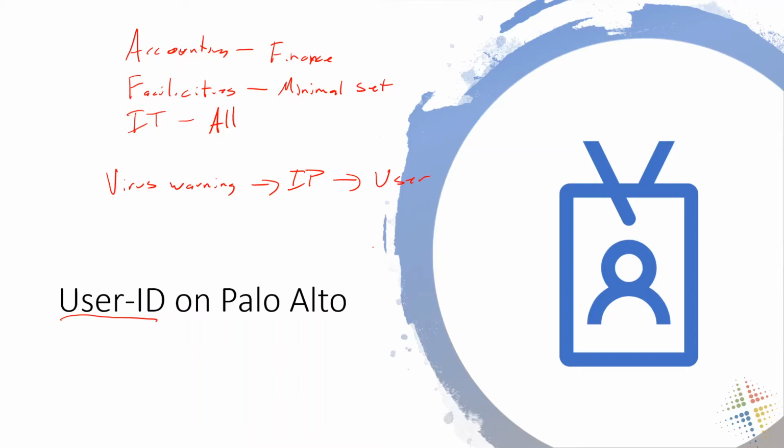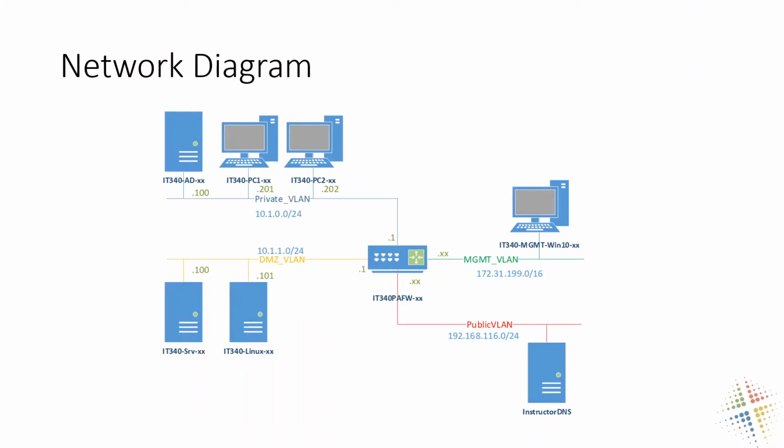All right, so on to user ID. There's a couple of steps we need to do for user ID. The first thing we need to do is look at how our Palo Alto firewall works, specifically with how it works on the management VLAN. By default, the Palo Alto tries to send all of its administrative activities outside the management VLAN.